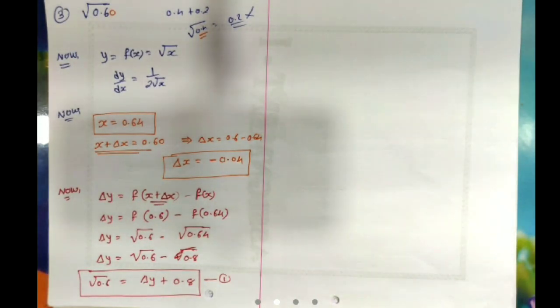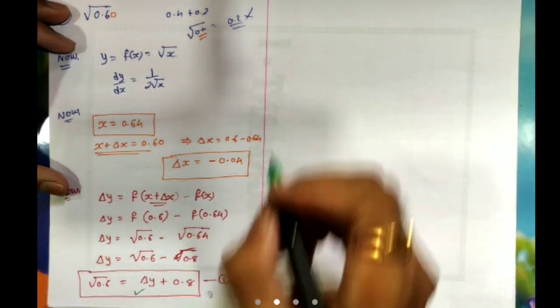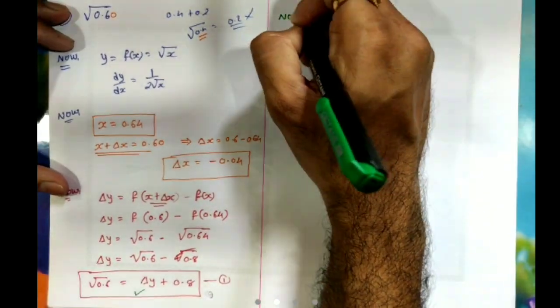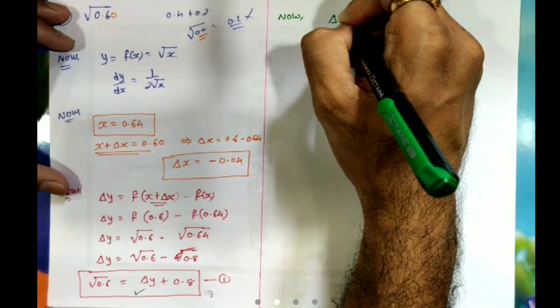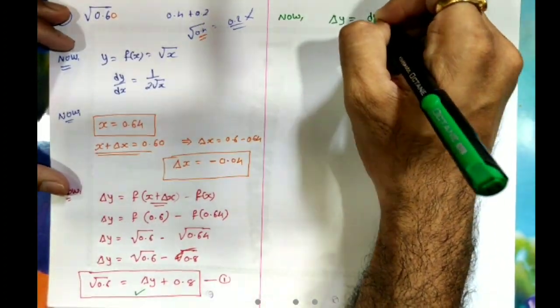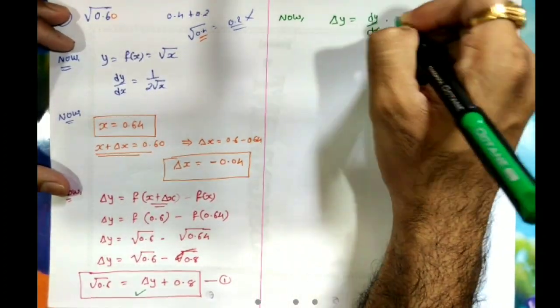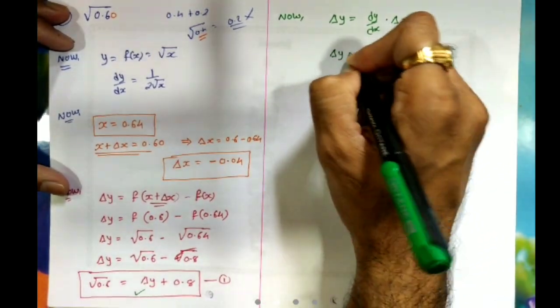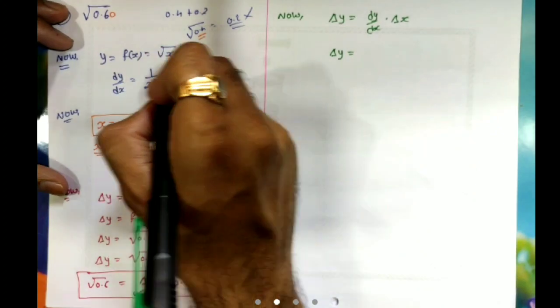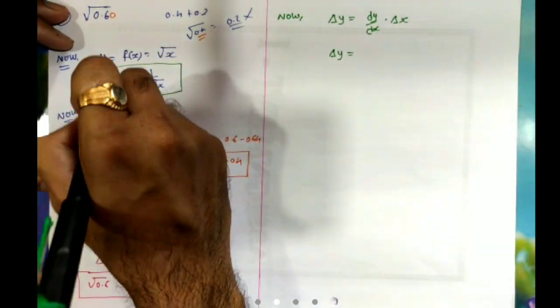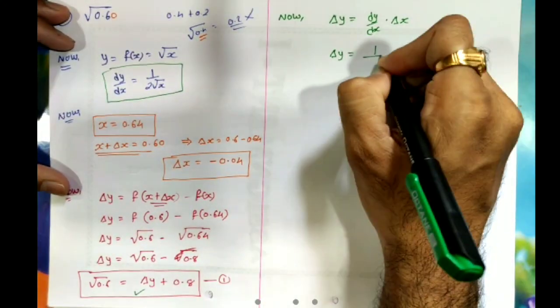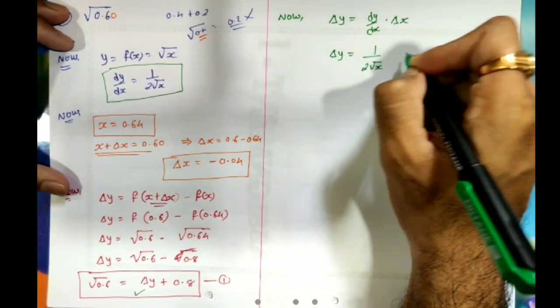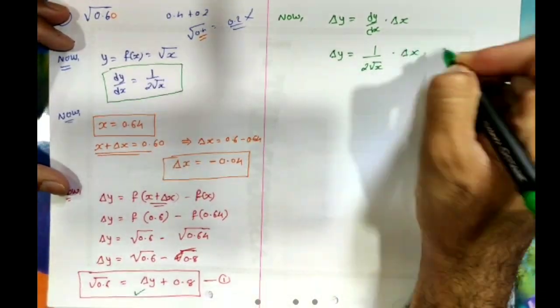Now the next step is to find the value of this delta y. For that we can use the formula delta y, which is nothing but dy by dx into delta x. Here we have derived dy by dx, which is 1 upon 2 root x into delta x.